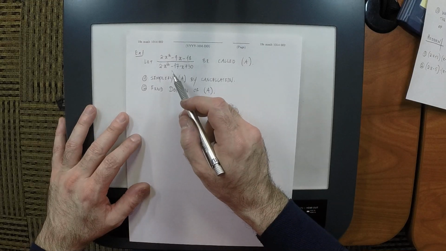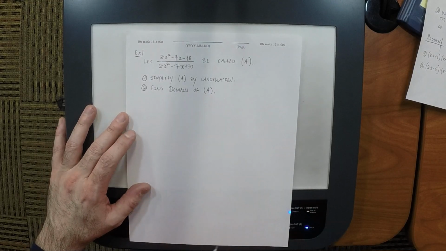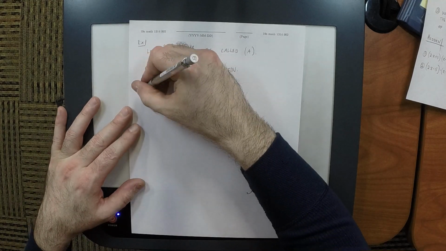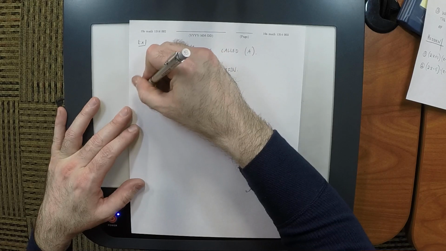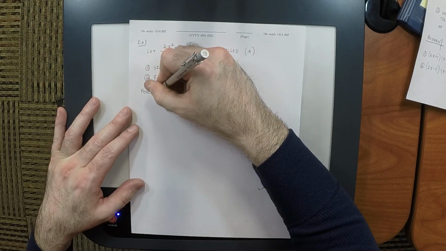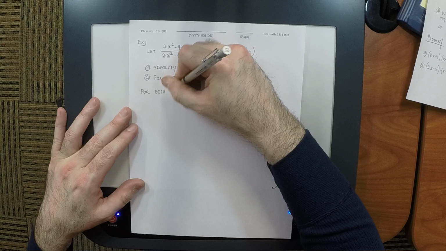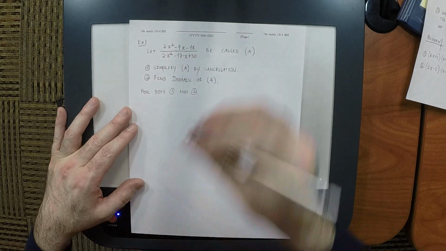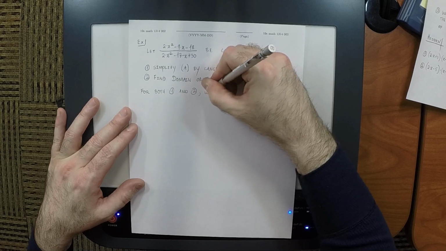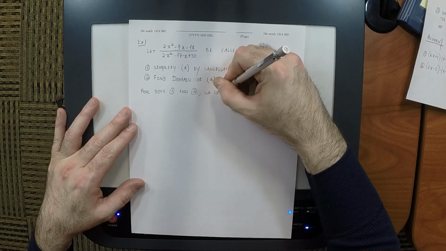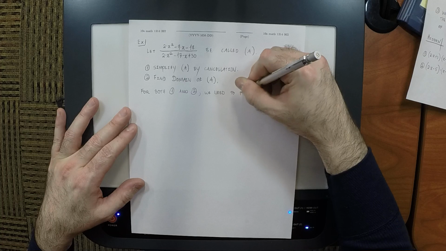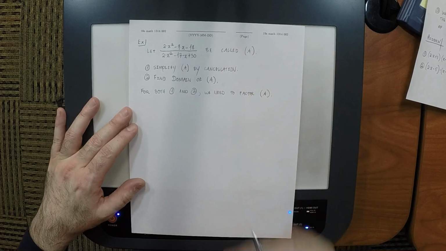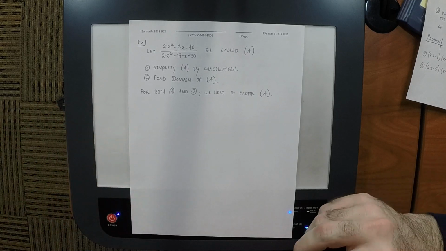What do we need to do? We need to factor them, right? We need to factor. So for one, in fact for both 1 and 2, we need to factor expression A. So here's the deal.